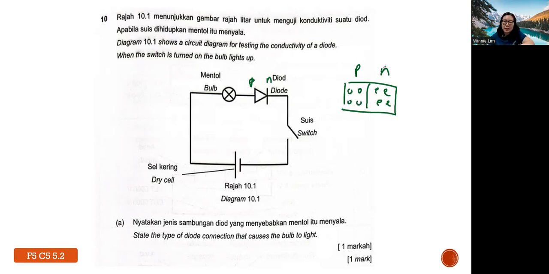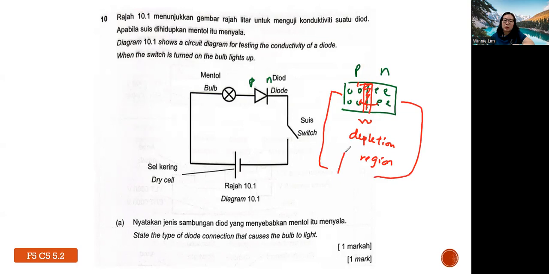When you combine these 2 semiconductors, you will form a PN junction. When the electrons try to flow, they will form a depletion region. Over here, we call it the depletion region.